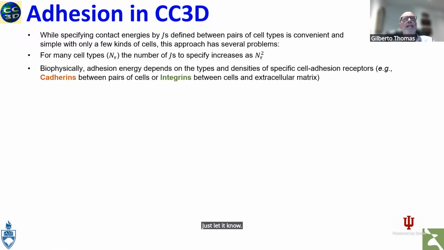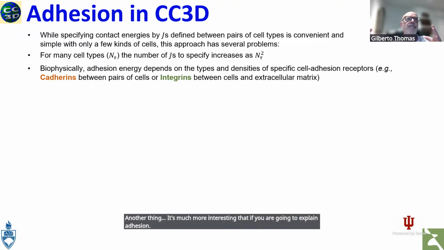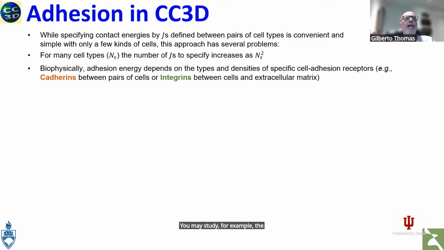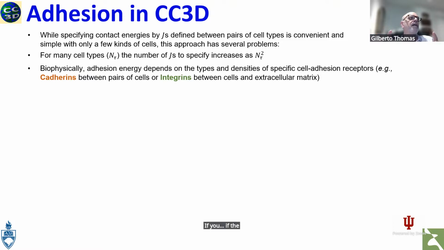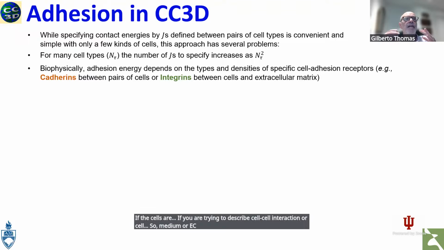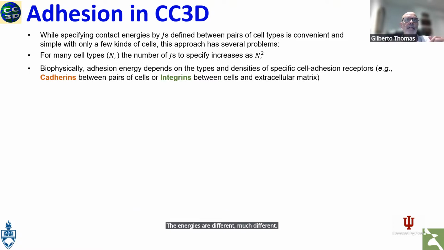Another thing, it's much more interesting, if you are going to explain adhesion, you may study, for example, the behavior of each kind of adhesion molecule the cell has. If you are trying to describe cell-cell interaction or cell-medium or ECM interaction, you want to describe them differently from each other. The energies are much different, okay?